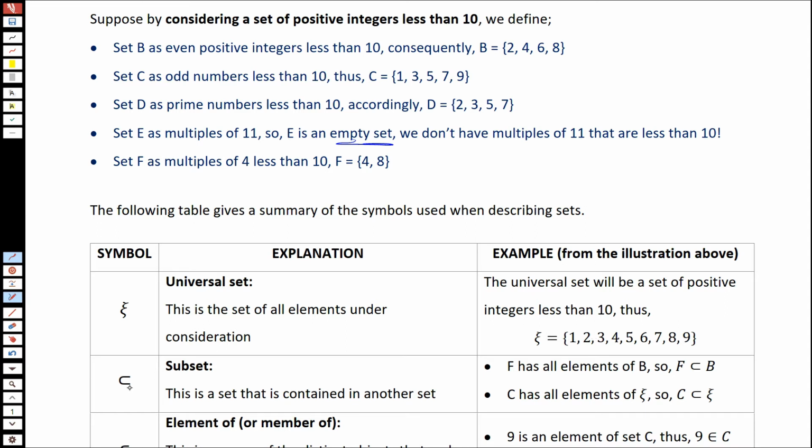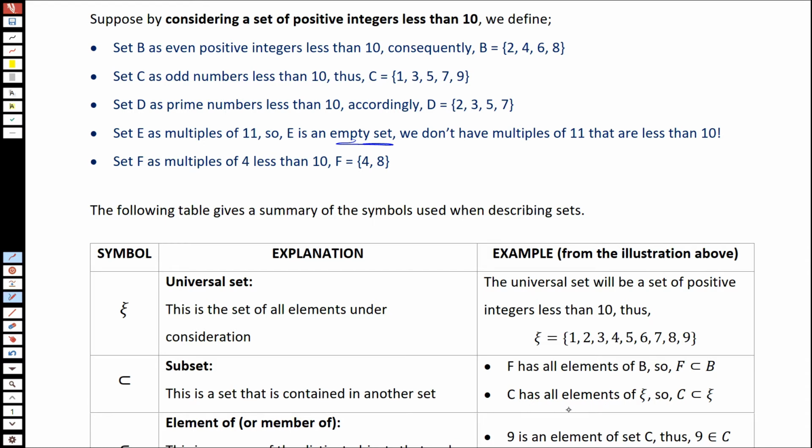And then we have a subset. A subset is basically a set that is contained in another set. Now, if you look at set F, which has two numbers 4 and 8, this set F has all elements of set B. 4 and 8 are in set B. So we say that F is a subset of B, and this is the notation for that.